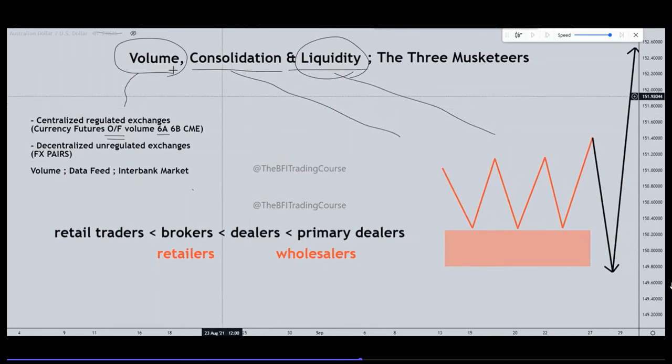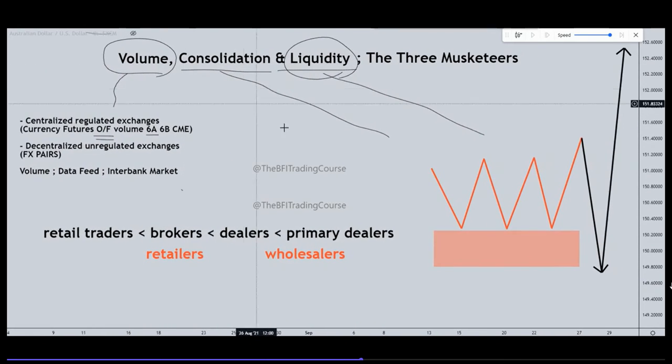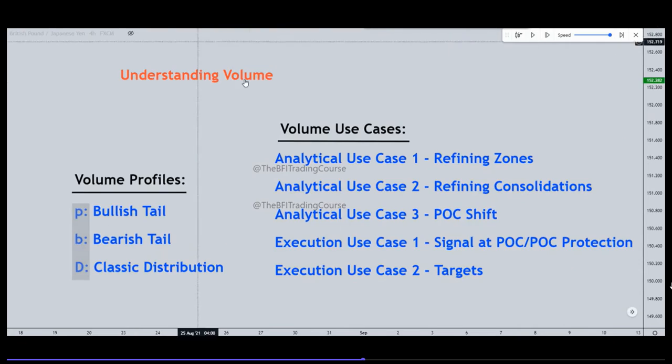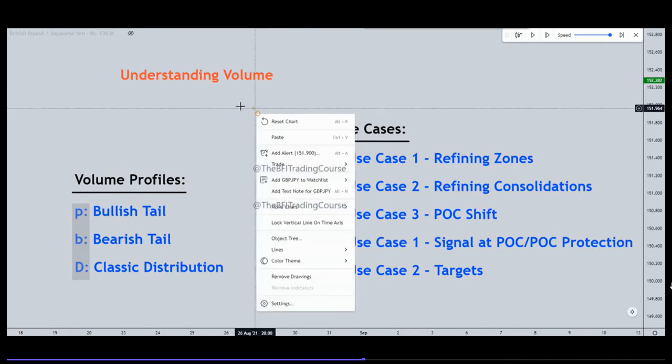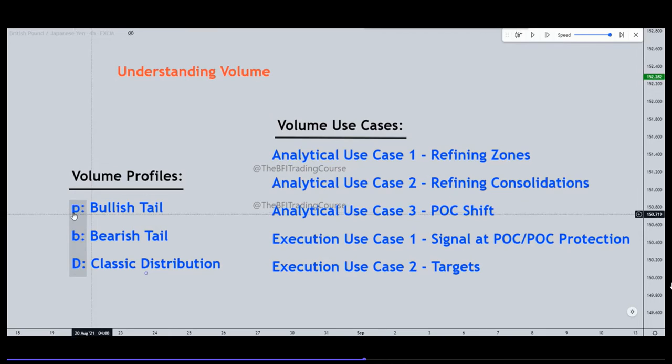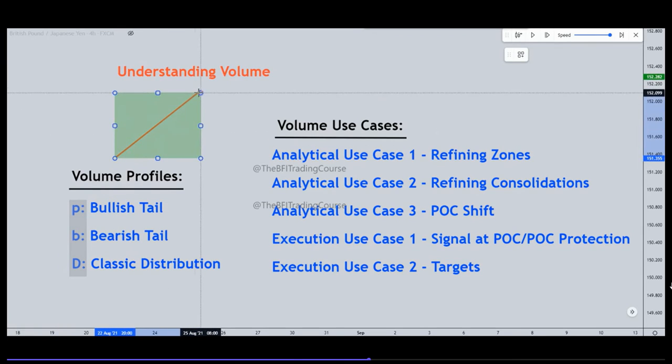Now maybe we can talk about volume, which is a really important part, and how we can use it in our trading. Understanding volume. Now, we have different profiles for volume, and we like to use our fixed range tool, which helps us take a fixed range from A to B and see the volume across that fixed range.